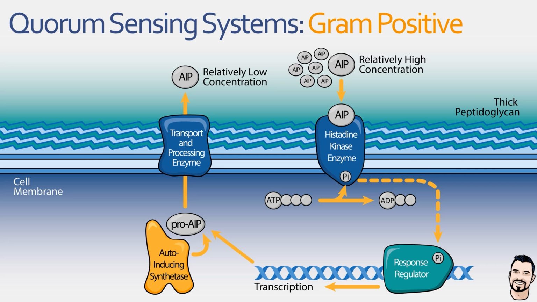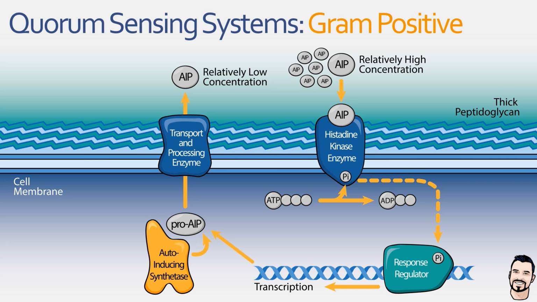Now, as bacterial cell density increases, these autoinducing peptides gradually accumulate in the external environment, and once a critical threshold is reached, the autoinducing peptides will bind to a membrane-associated histidine kinase, triggering autophosphorylation.